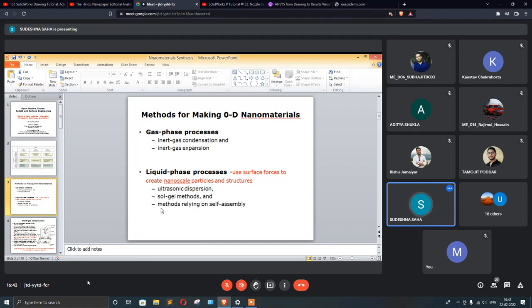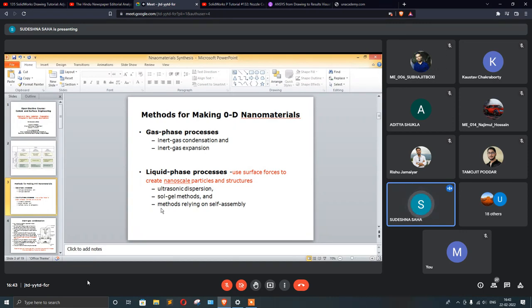Now let us go ahead and look one by one at all these methods, and try to see the basic understanding of it. We will not go into much detail because of the time constraint. Rather, we will try to just get a basic idea of what all these processes do, and what the basic differences between them are.